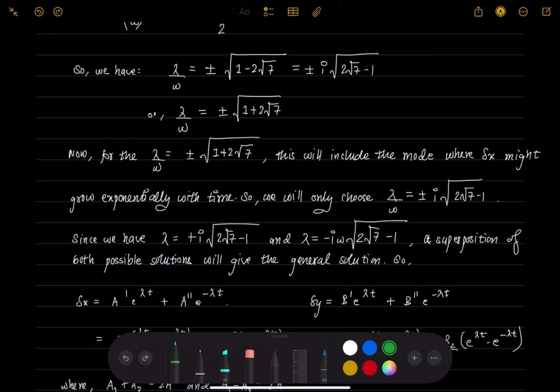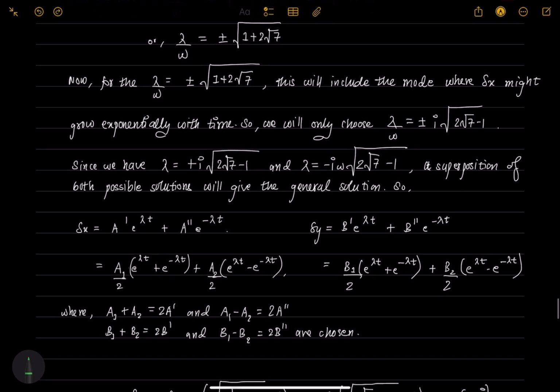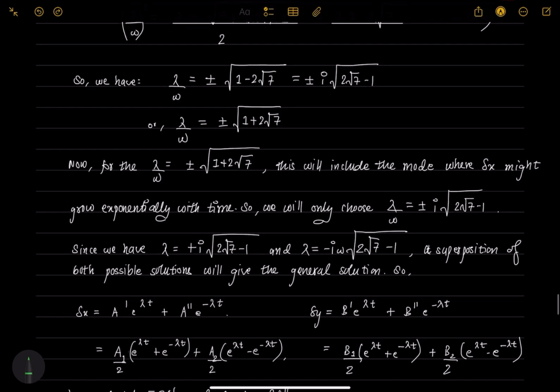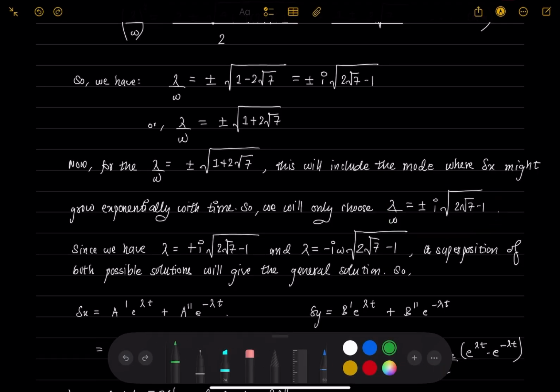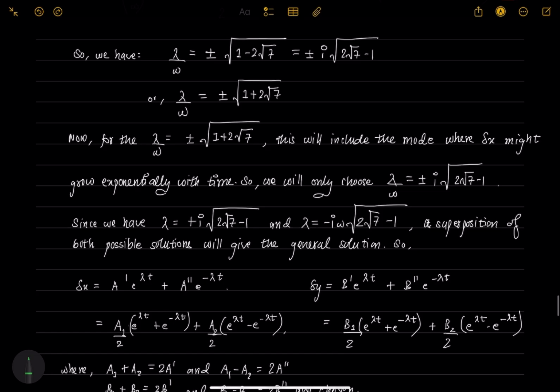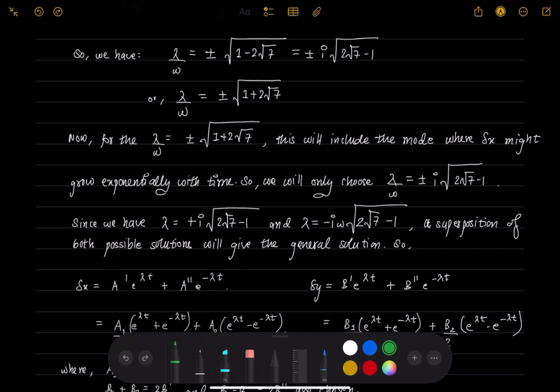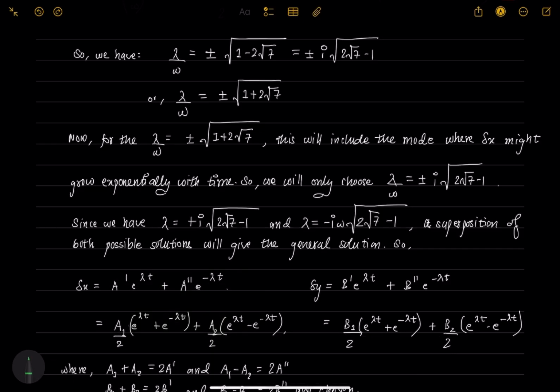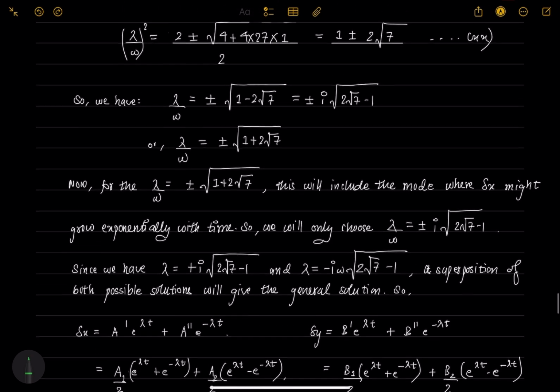And we don't want an exponentially growing solution, so we're only going to take those values which have an imaginary component. Perhaps we can relate that to Euler's formula and obtain a solution in terms of sines and cosines and obtain the oscillatory mode. So we're more interested in the imaginary component rather than the real components.